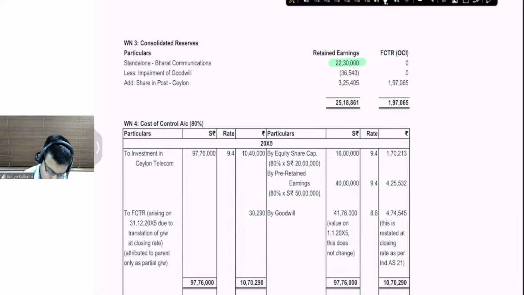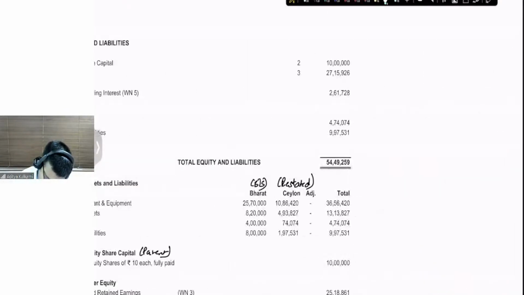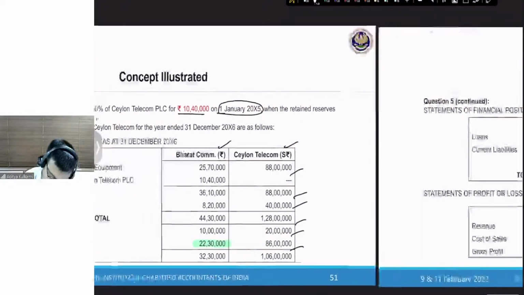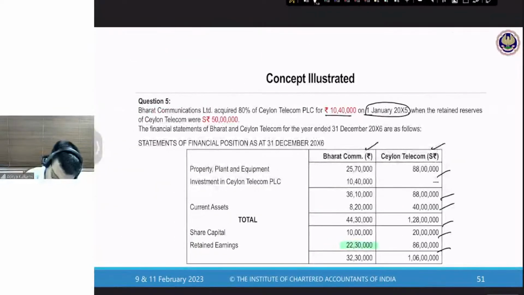Okay, all right, fine. So now coming to our cost of control account. I have made an investment in Ceylon Telecom. How much? 10,40,000 rupees. Okay.